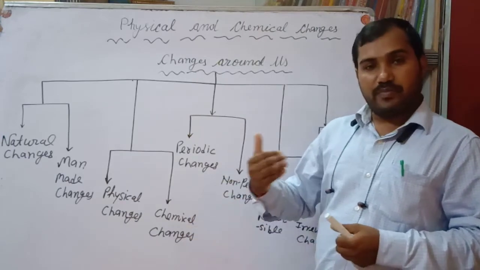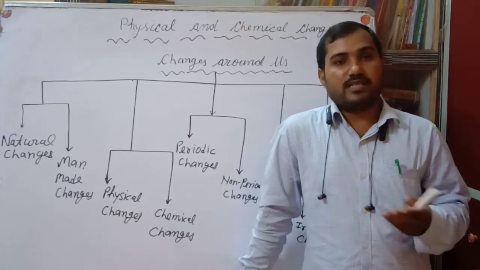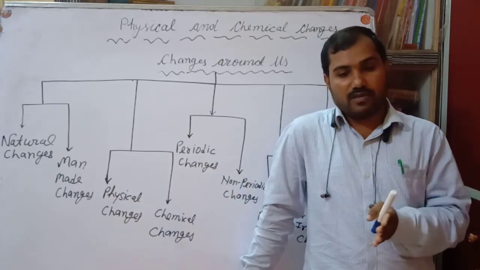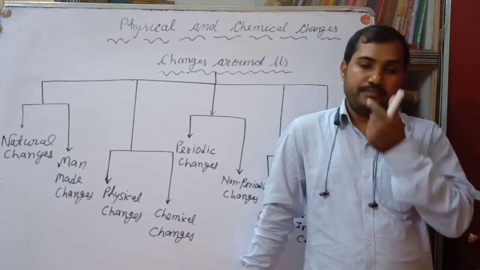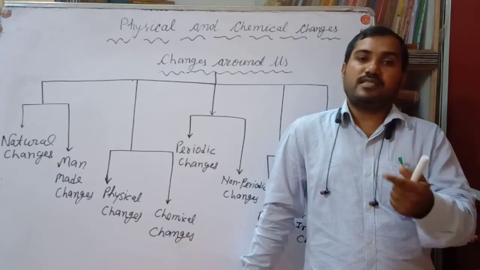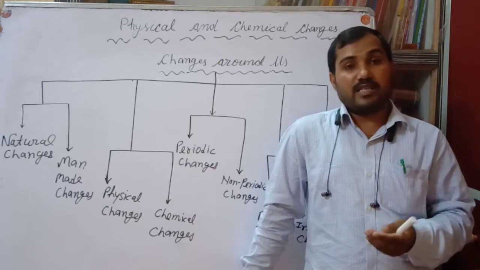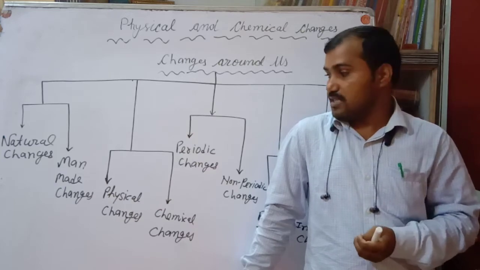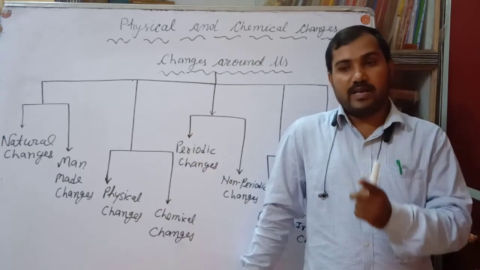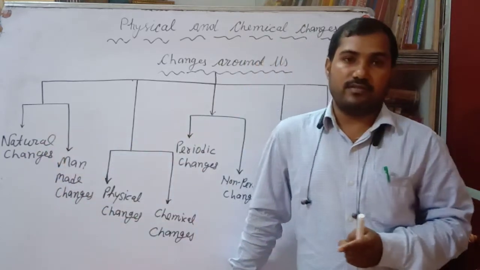Now, chemical changes. The chemical properties of the initial and final material change during chemical changes. For example, rusting of iron and formation of curd from milk are examples of chemical changes. Formation of food by the plants will come under natural changes also.